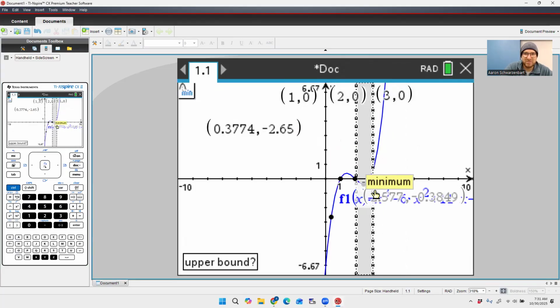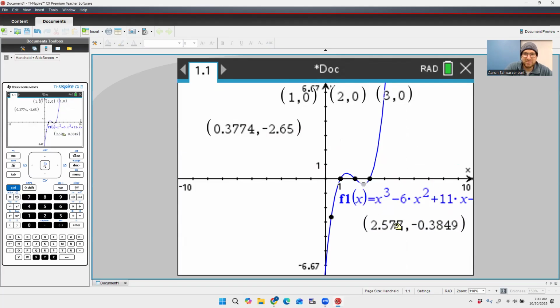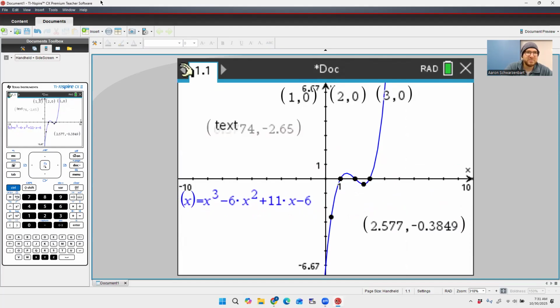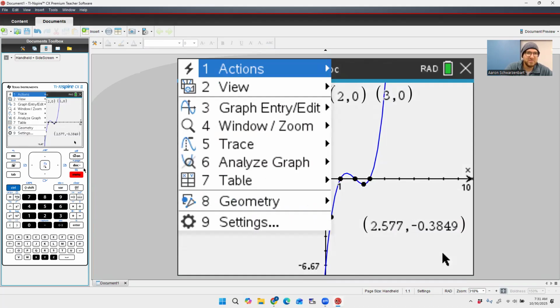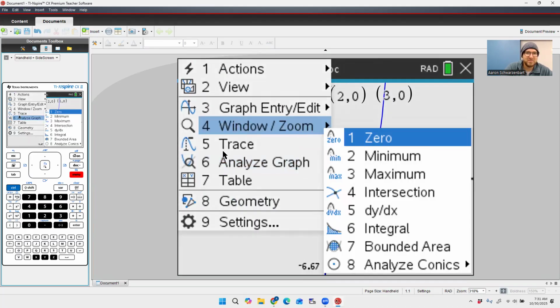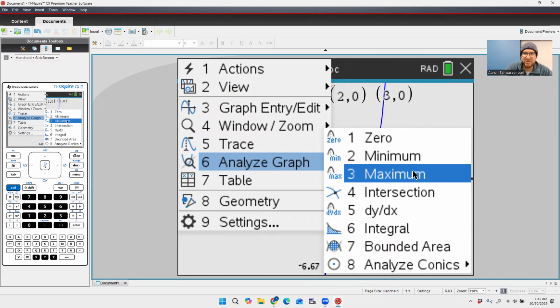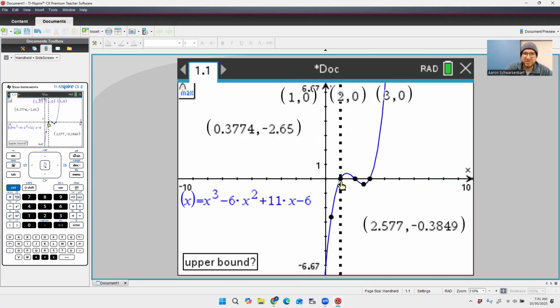It shows a minimum. I can read that. Let's just get this graph out of the way. I probably should have just cleared my graph entirely.